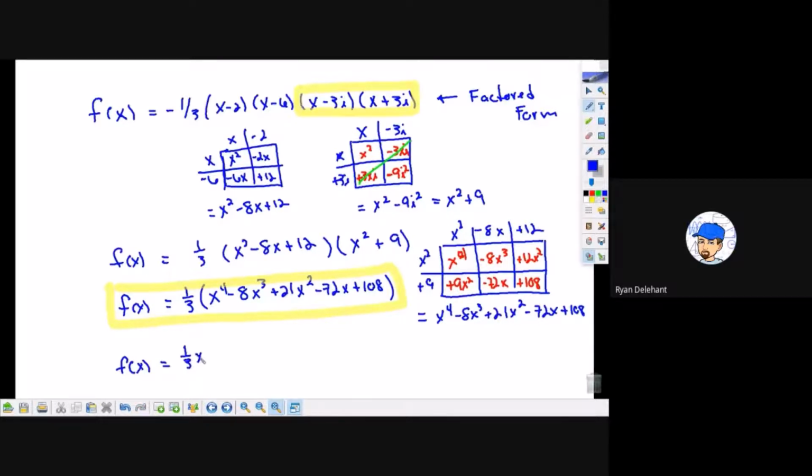So that's 1/3 x to the 4th minus 8/3 x to the 3rd plus 7x squared, because 21 divided by 3 is 7. 72, is 72 a factor of 3? Yes, because 90 minus 18, that's 24.